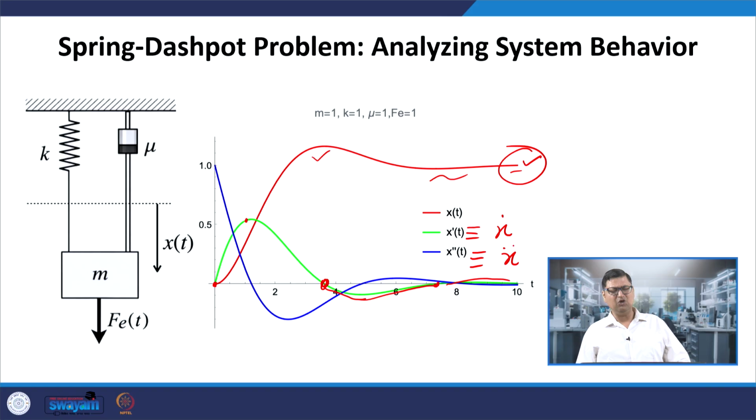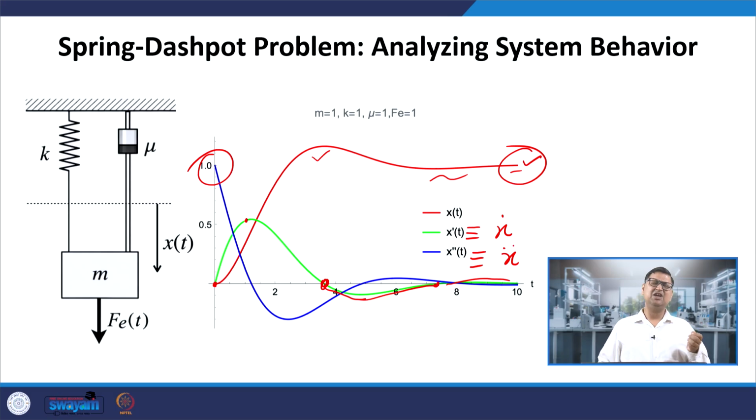And finally, if I look at the acceleration, unlike the position and velocity, to begin with we did have a positive acceleration because f equal to ma. As soon as I start applying this force, I have an acceleration because of that particular force being applied, right?